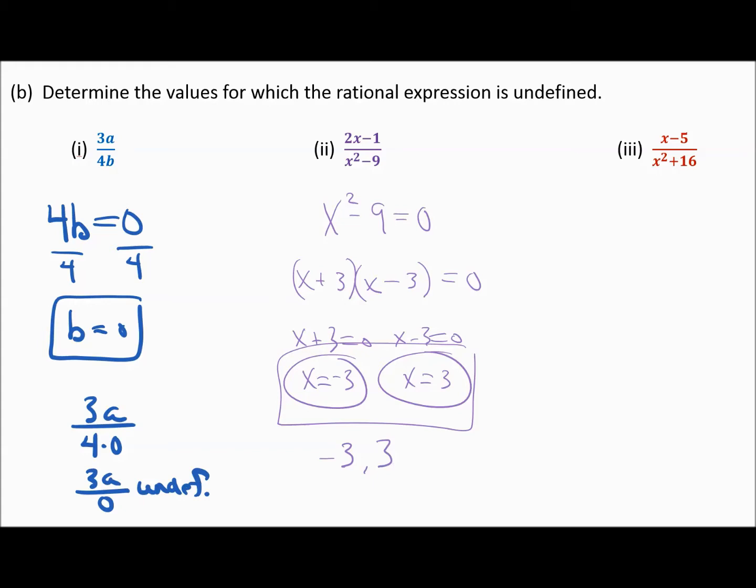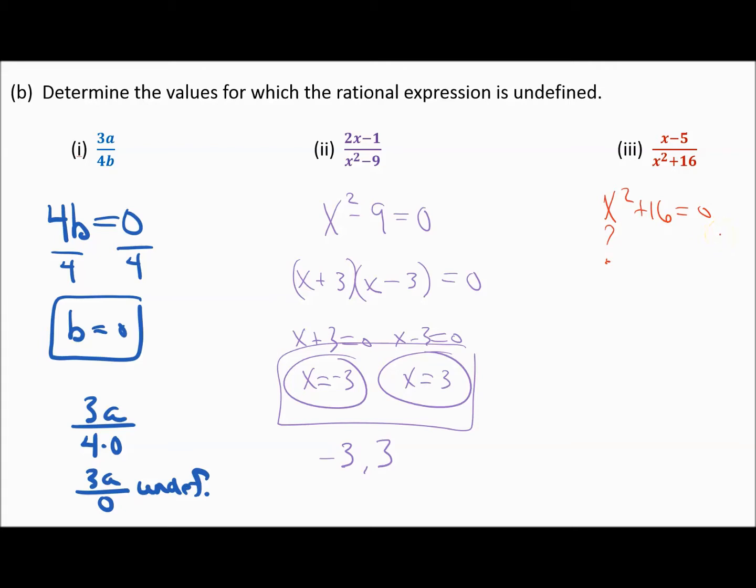In the last example, I set the denominator, x squared plus 16, equal to 0. I attempt to factor. It will not factor. So at this point, I don't really have a technique to solve this, but I do want to show you something. I want you to think about this. Is there a number that we could plug in for x that we add to 16 to make it 0?